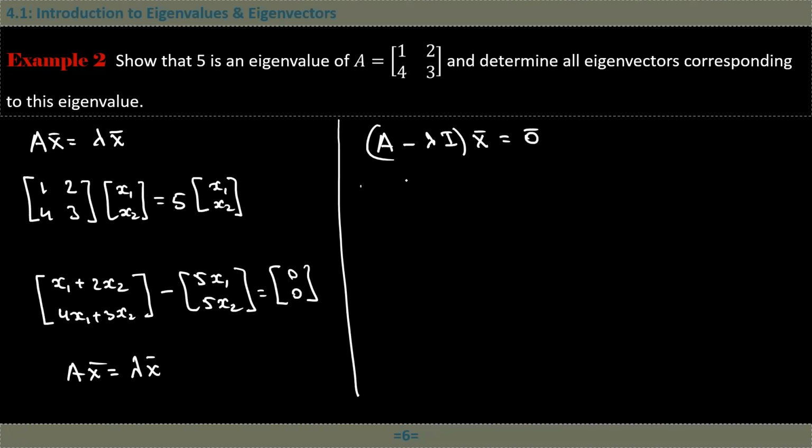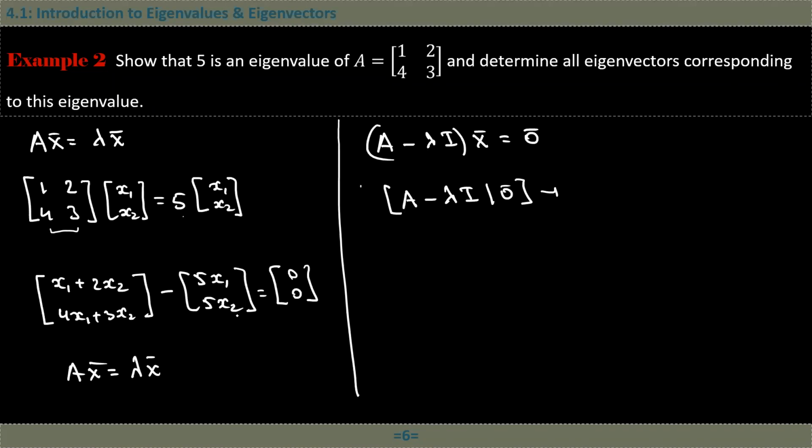And to solve this one, as you know, we need to reduce this augmented matrix, with the 0 vector here, into reduced row echelon form. So let me just use this method. If you just do so, what do we have here? Here we have this matrix, right? And here we have 5. So that means that here we have lambda is 5.